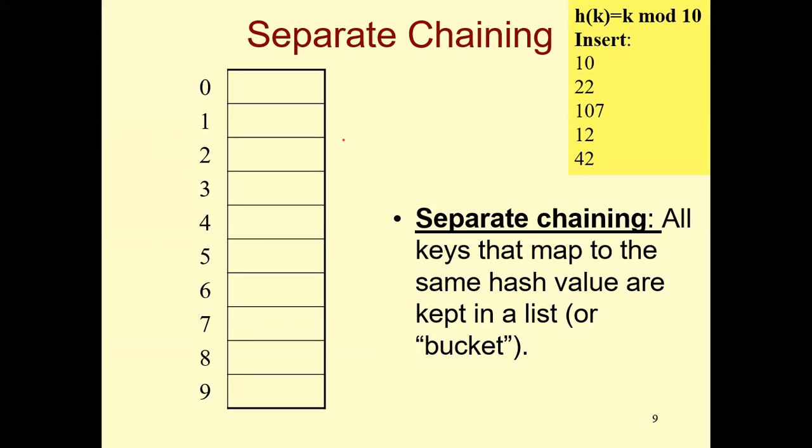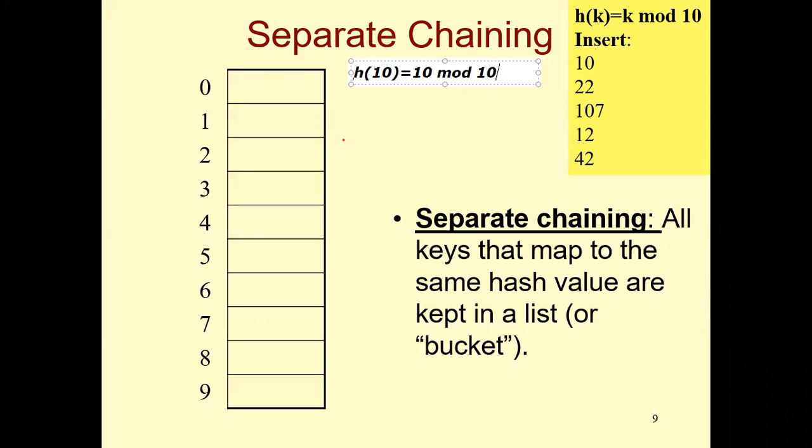All right, so let's work out these. Let me just type it, might be easier. So the first number to be inserted, h of 10, would then be equal to 10 mod 10.